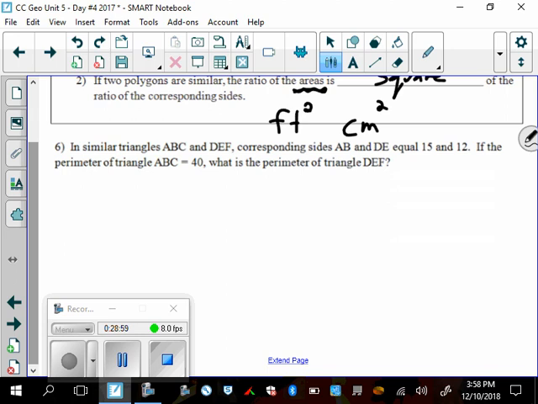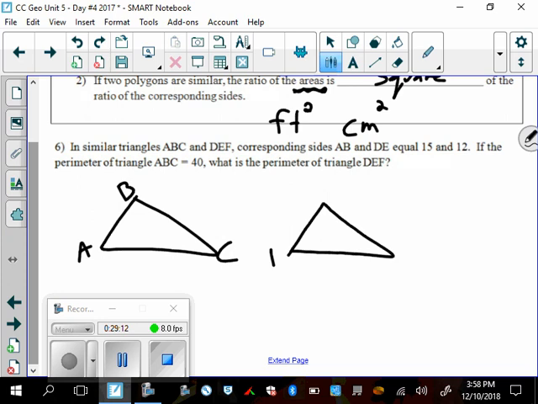So they get tricky with it a little bit and they would ask me something like, okay, so I've got these two similar triangles. And they tell me AB is 15 and DE is 12, and those two sides are corresponding.